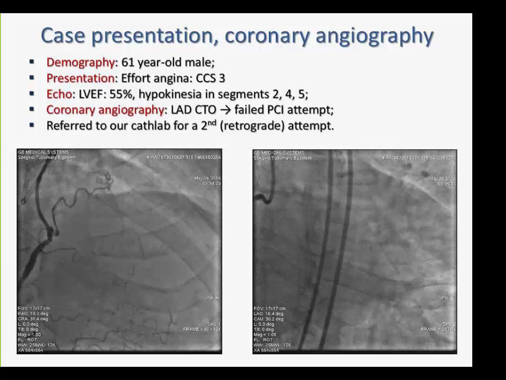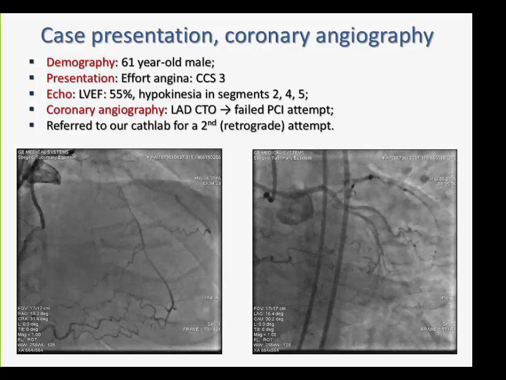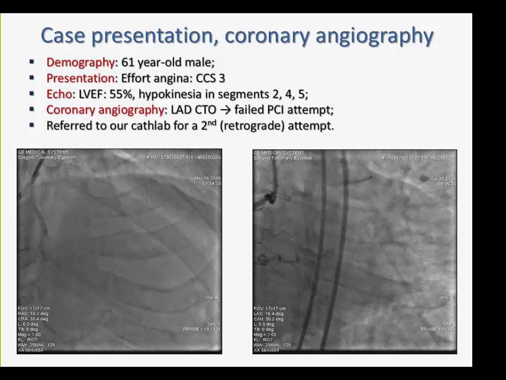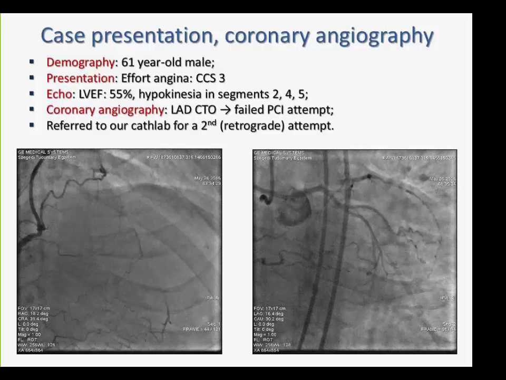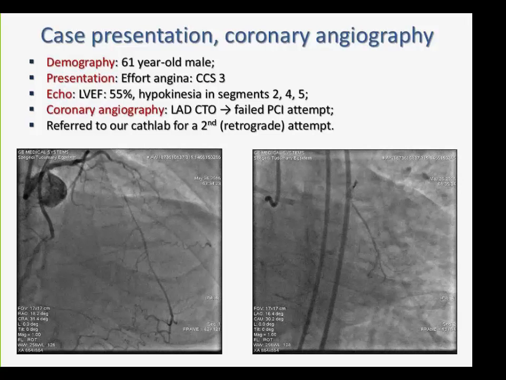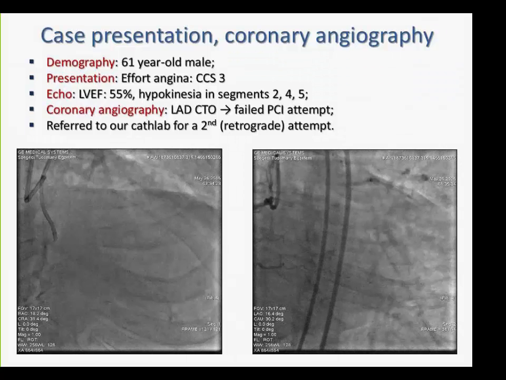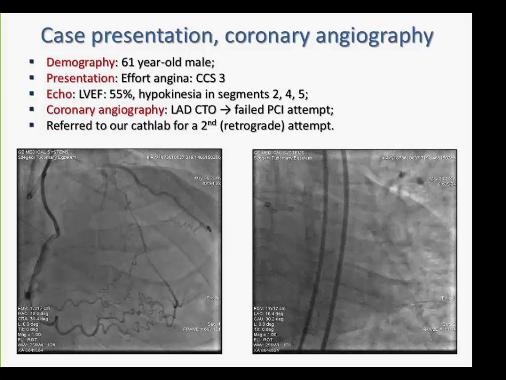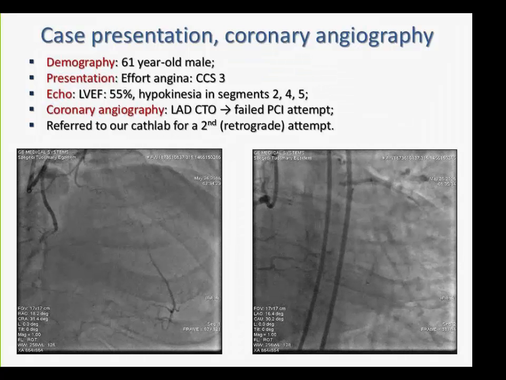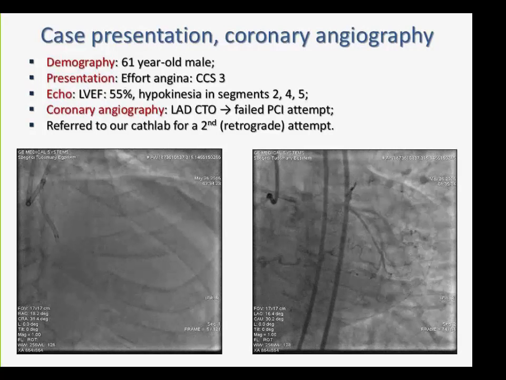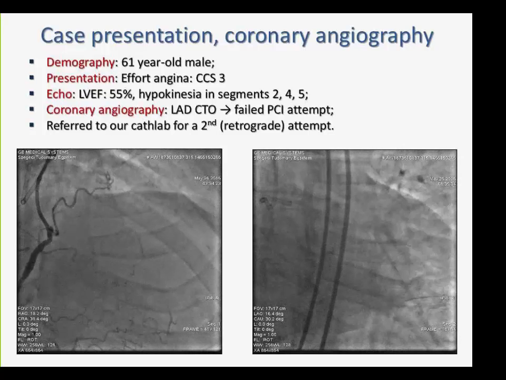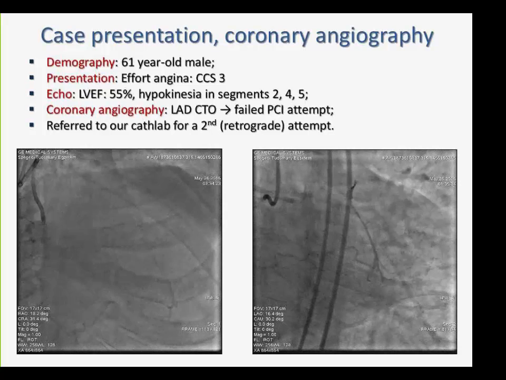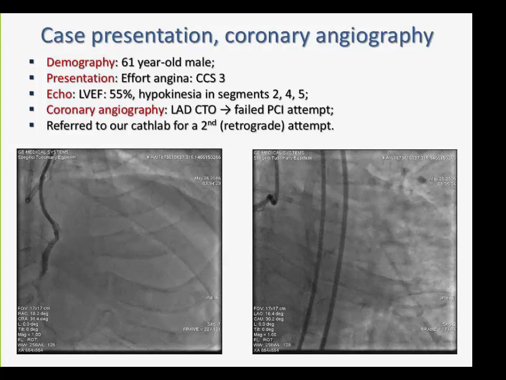Actually, I completely disregarded the retrograde approach in this patient because of these telephone cord-like epicardial collaterals, which were the only collaterals from the right, altogether four or five very, very tortuous collaterals.